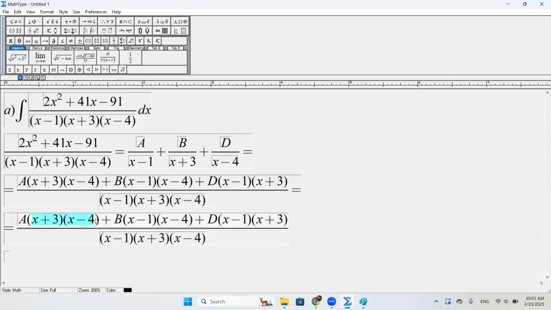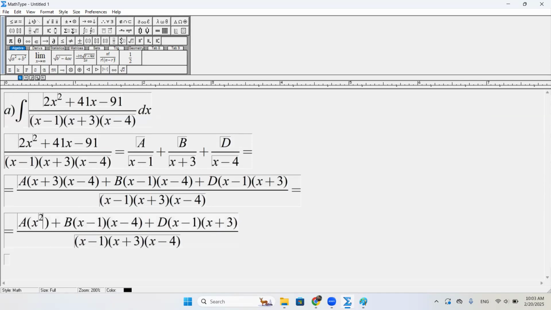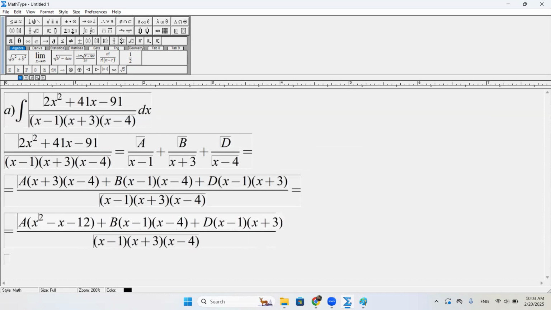So for A: x square, minus 3 minus 4, so minus x, and minus 12. Plus B multiplied by x square, minus 1 minus 4, minus 5x, and plus 4.